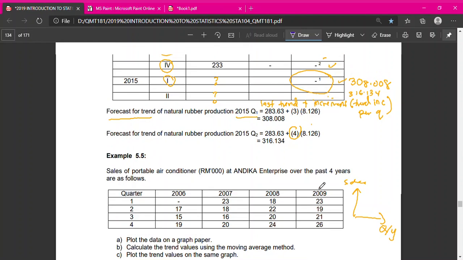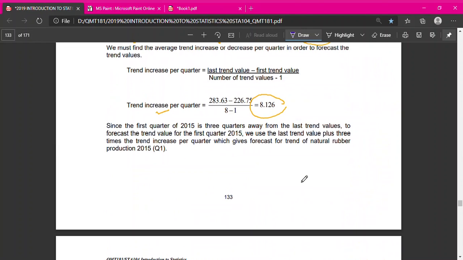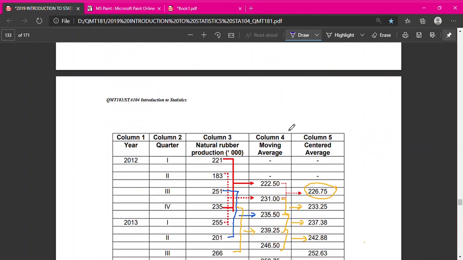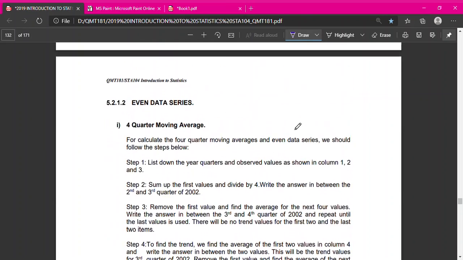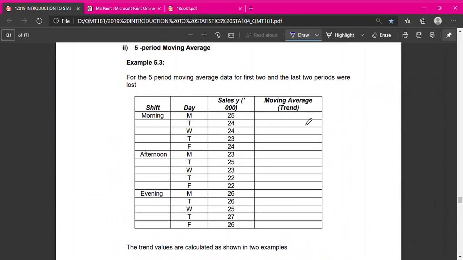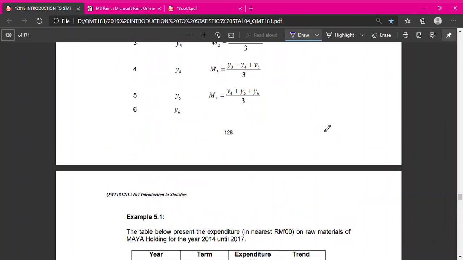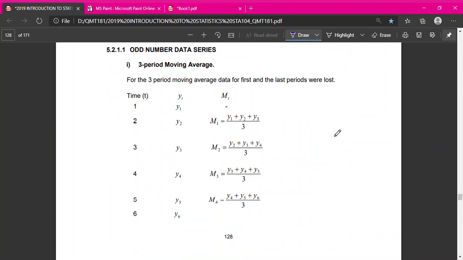Actually, for a 3-period or 5-period moving average, you can also forecast the trend for the second, third and fourth period. No problem, same method.